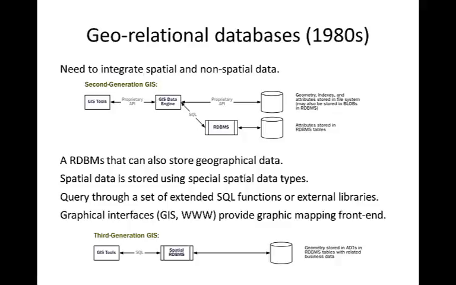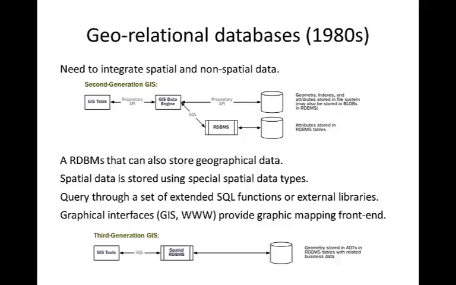So SQL started to come in here. Everything else was being done with proprietary, custom algorithms and software for exchanging the spatial information. So that's great. We're starting to integrate and bring data together in different database systems.